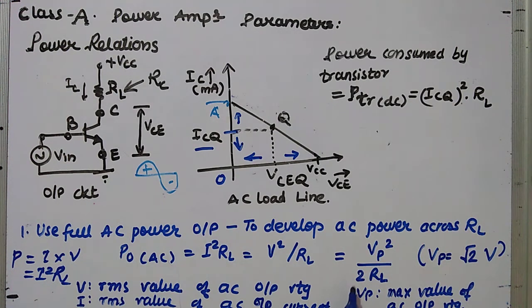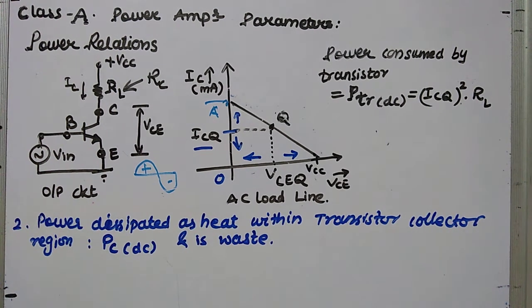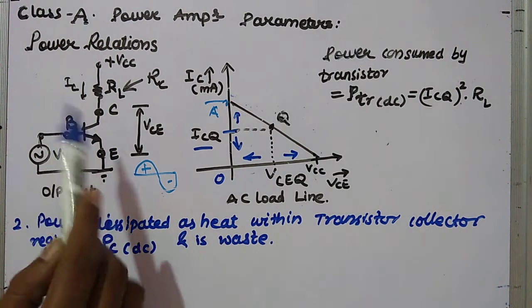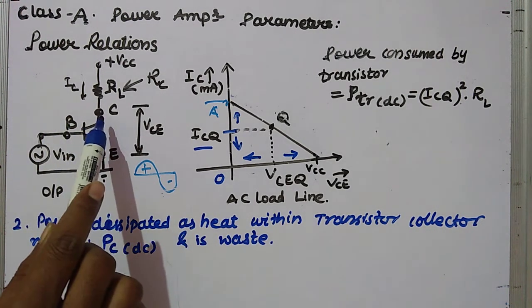Actually it is root 2. Now what about the remaining part? So the remaining part I will write down again. The second part is obviously the power dissipated as heat within the transistor collector region at this point.